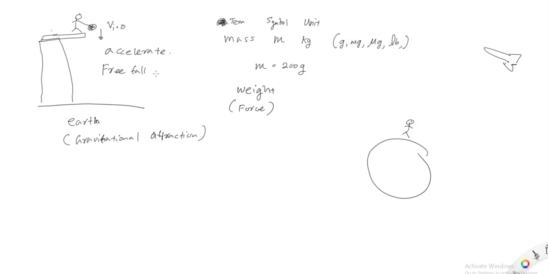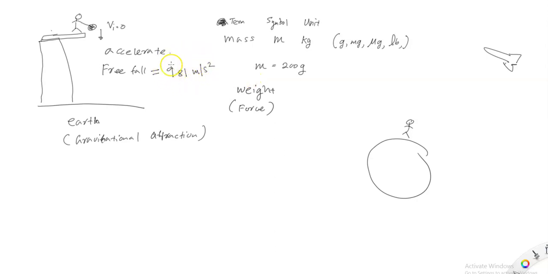The engine is producing enough force to increase the speed. But here, acceleration is coming because the Earth is pulling on it. So the free fall acceleration is always a constant. It's always 9.81 meters per second squared.